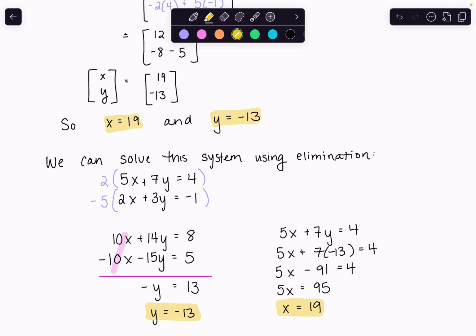So a matrix is a much cleaner way to keep track of everything. And this method is actually what computer softwares are doing when you're going through and solving for a system. It is the fastest algorithmically, it takes the least amount of steps. So all of the softwares online are going through and finding the inverse and then multiplying the two together.